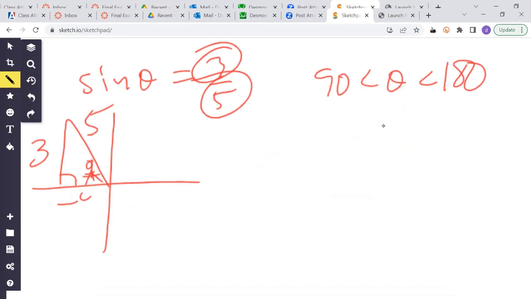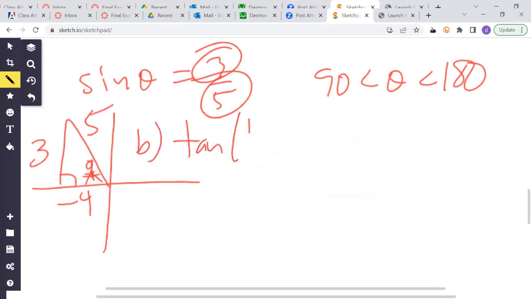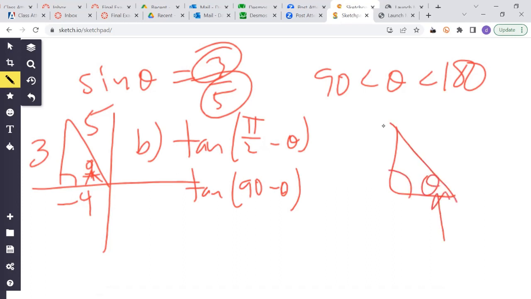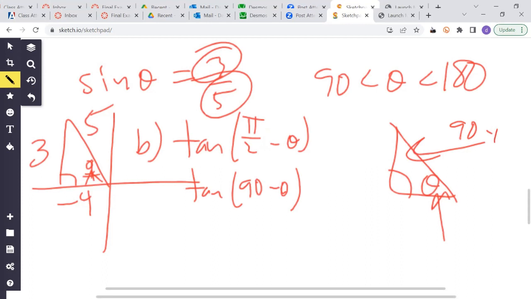Part B. So let's see. Part B, we have the tangent of pi over 2 minus theta. Now, pi over 2 is the same as 90. And recall, little timeout, in a right triangle, if one of the angles is theta, then the other one is 90 minus theta.